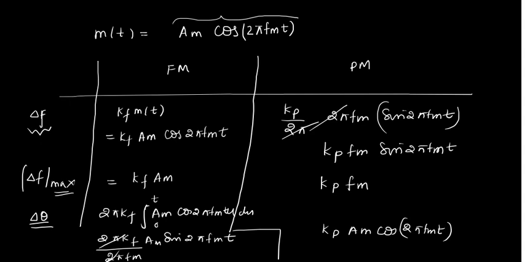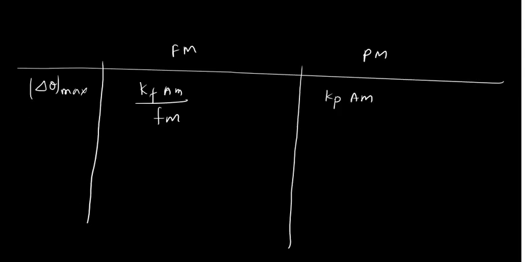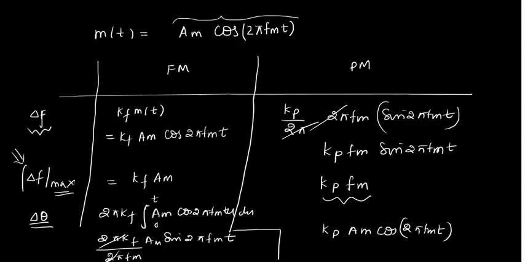So as you can see, the peak frequency deviation does not depend on the frequency of the message signal for FM, but it depends on the frequency of the message signal for the case of PM. So this thing we have discussed.